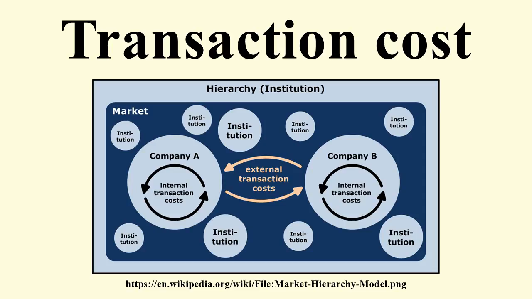Unit of analysis. Whereas neoclassical theory is concerned with composite goods and services, TCE analyzes the transaction itself. Governance structure. Whereas neoclassical theory describes the firm as a production function, TCE describes it as a governance structure.